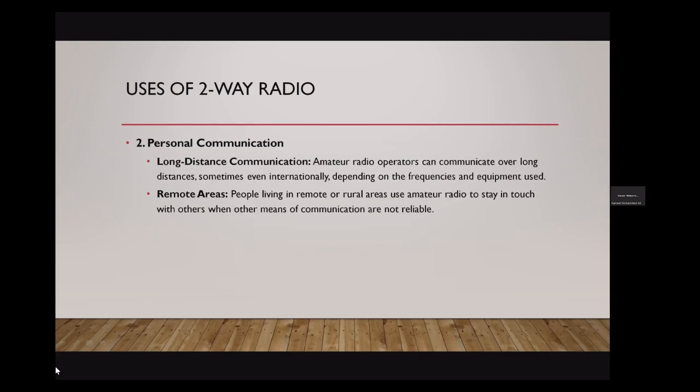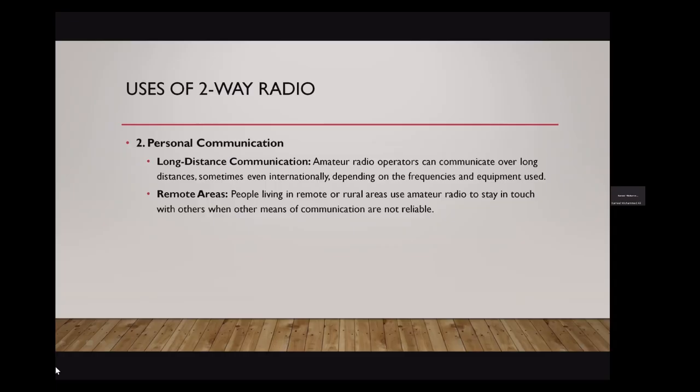We can also use two-way radios in personal communication, long-distance communication. An amateur radio operator can communicate over wide distances, sometimes even internationally, depending on the frequencies and the equipment used.